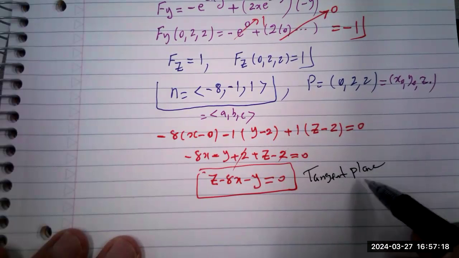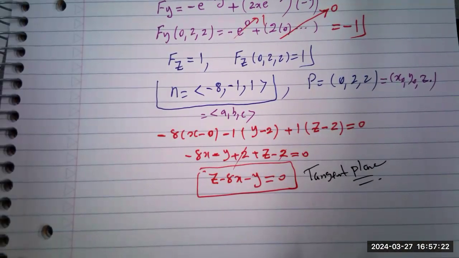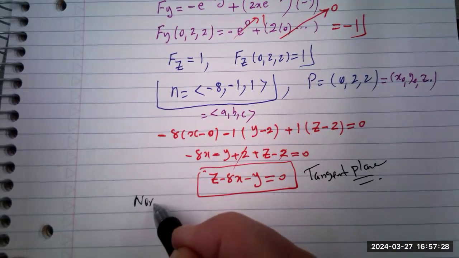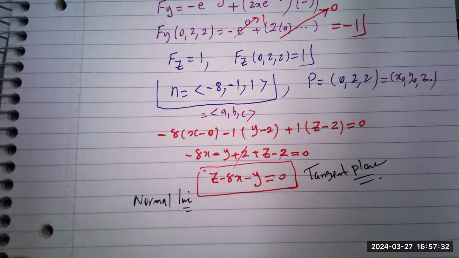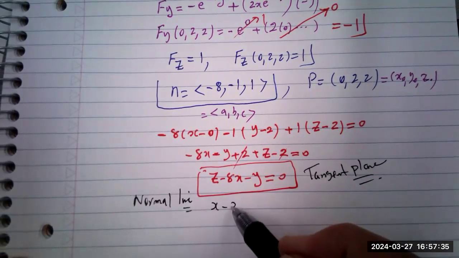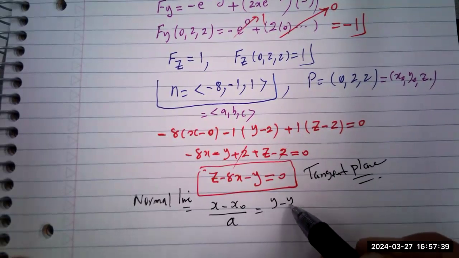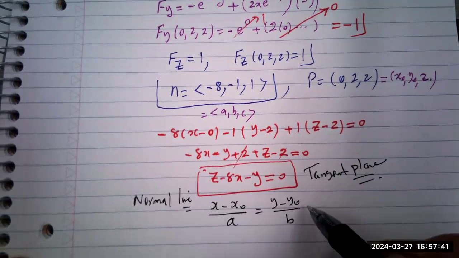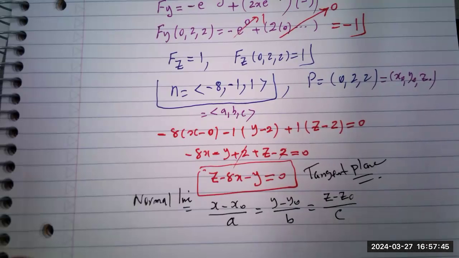The bonus is they ask for the normal line. Remember, for the normal line, it's just the symmetric equation of the line. So what's going to be the normal line? You have your vector, which is ABC. So the normal line would be x minus x0 divided by a, equal to y minus y0 divided by b, equal to z minus z0 divided by c.